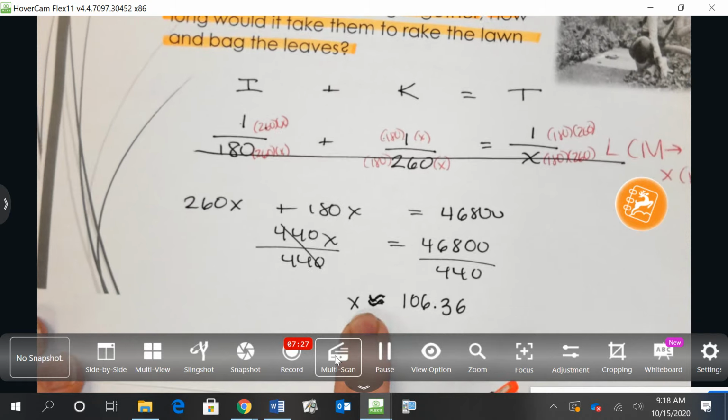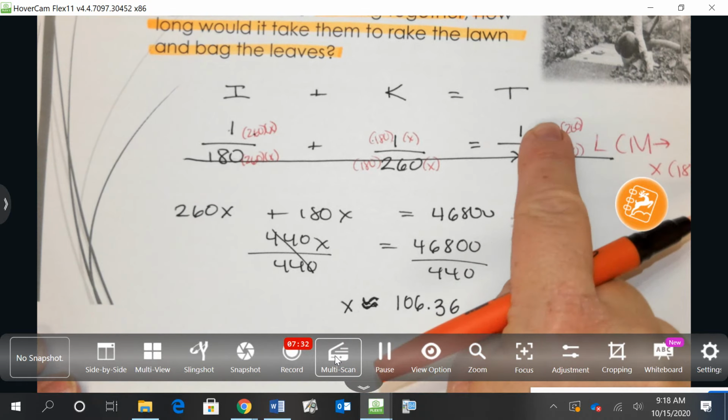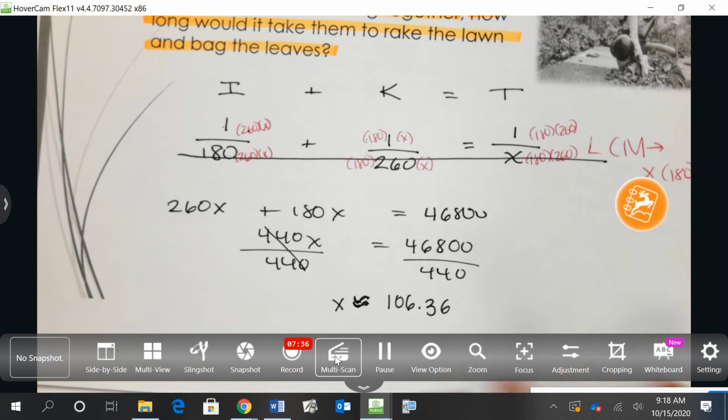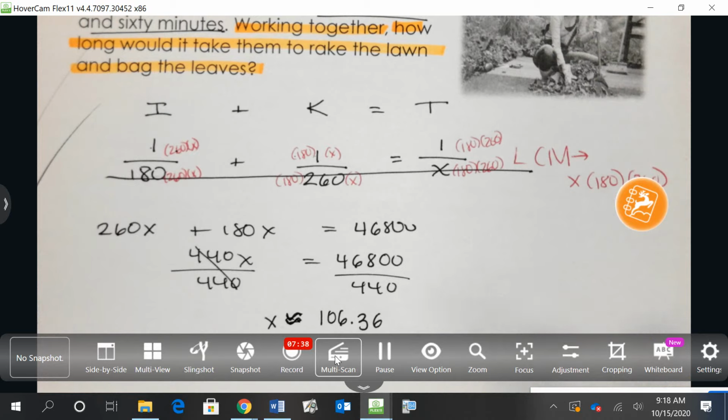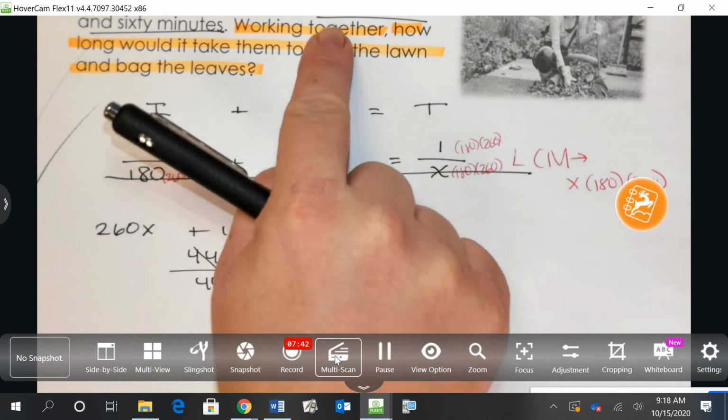Well, I got an answer of this. What does this mean? Well, X was the time it takes to complete the task together. So it's approximation, and for this particular learning task, you need to have a final answer that is going to answer this as a complete sentence.